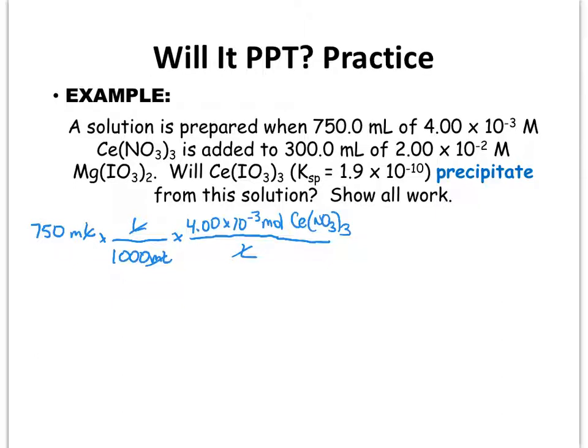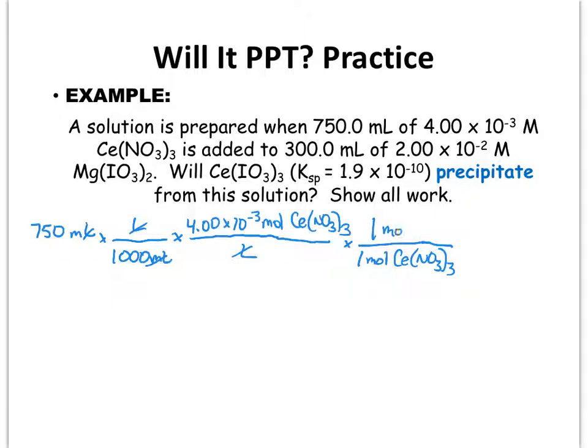But you remember, we need the moles of the ion in this particular compound. So I only care about the Ce3+. So for every 1 mole of the compound, essentially, how many moles of Ce3+ are there in the compound?